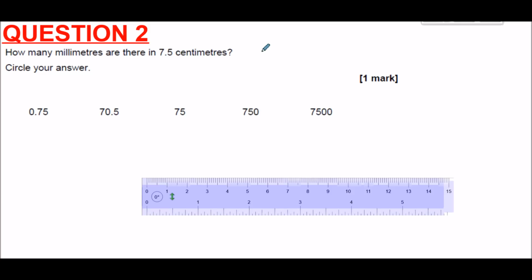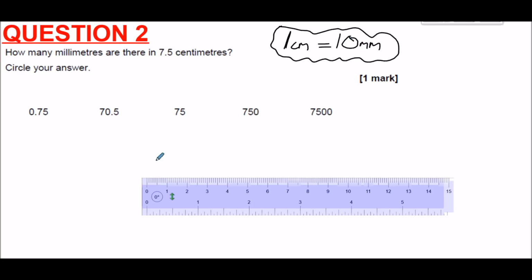The little divisions represent millimetres, and so we can say that 1 centimetre is made up of 10 millimetres. That's one of these metric conversions we just have to remember, I'm afraid, although in this case a ruler can help you out. 10 millimetres in each centimetre, 10 little lines, 10 little gaps between each centimetre.